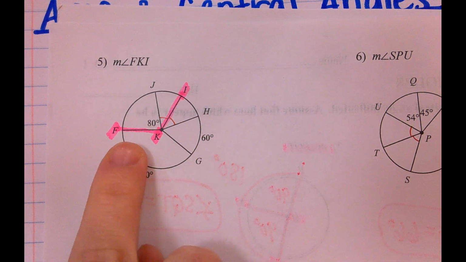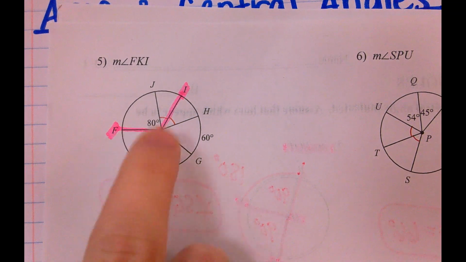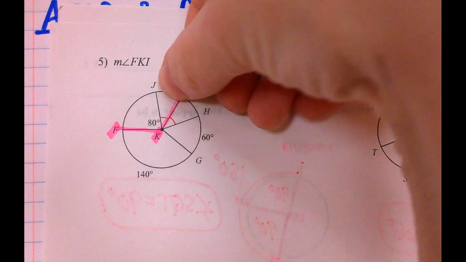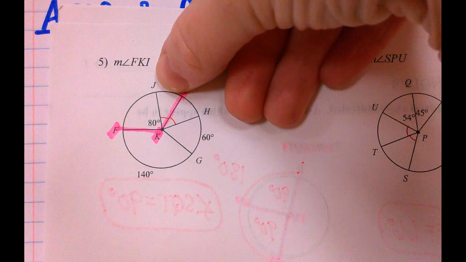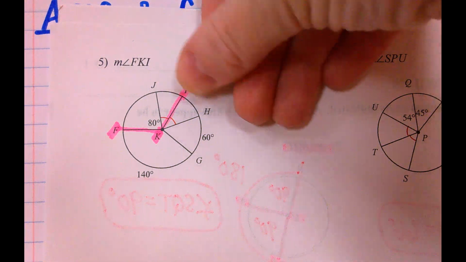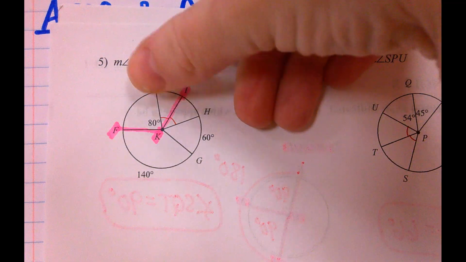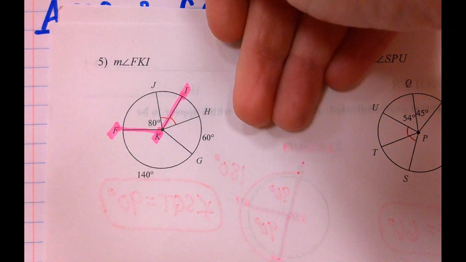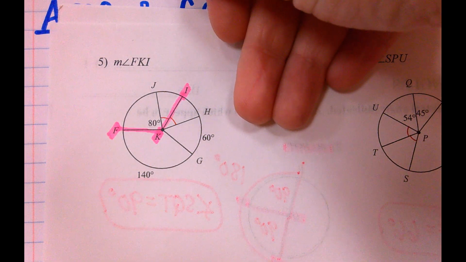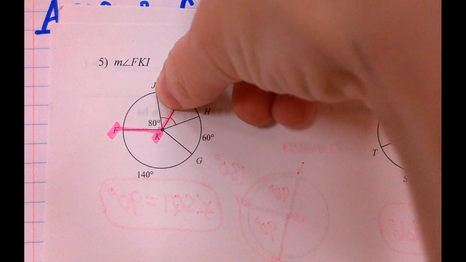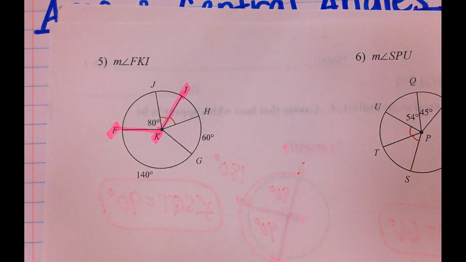I know that this angle here, FKJ, is 80 degrees. And then I know that this angle right here, JKI and IKH, these both have one arc in them. What does that mean? Equal. These two angles are equal to each other because of that red arc.